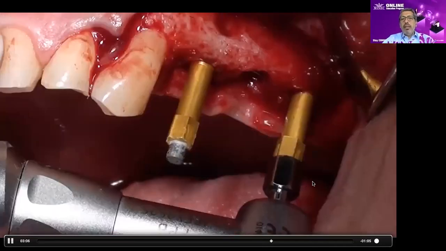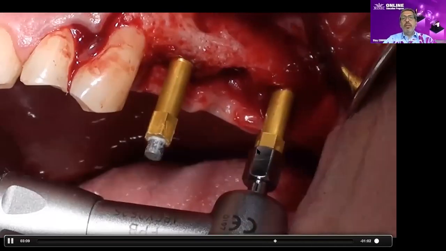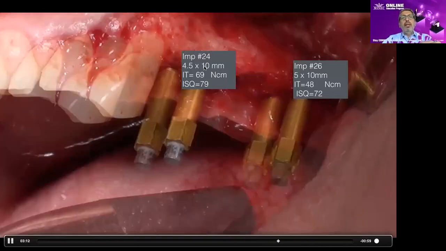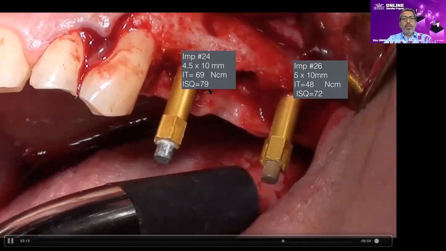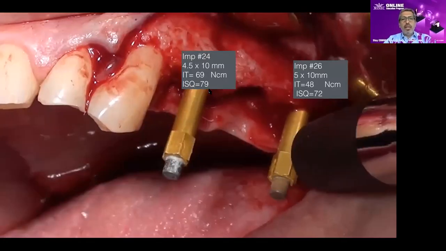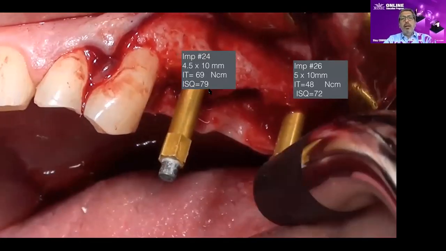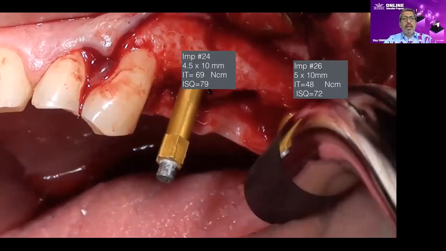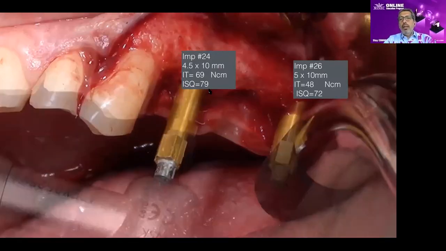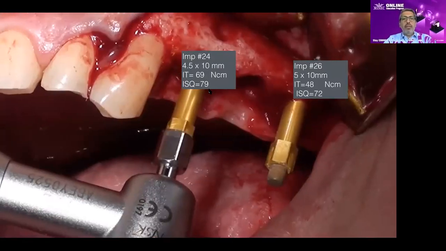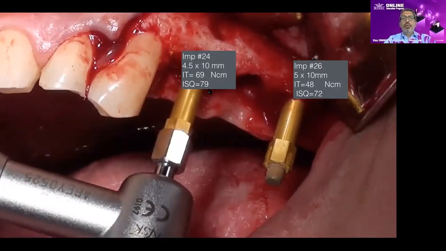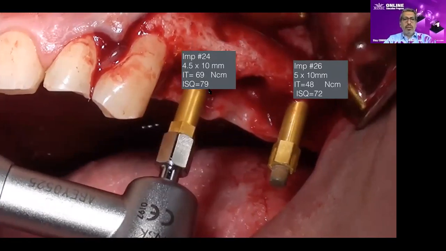And if we look at the numbers for these two implants, for instance, you see that for the implant at the left, we used a 4.5 per 10 millimeter implant with the same drilling of 3.3 millimeter. We had an IT of 69 and an ISQ of 79, while on the implant on the right, the 26, we used a 5 millimeter deep thread implant, an IT of 48 Newton, and an ISQ of 72.